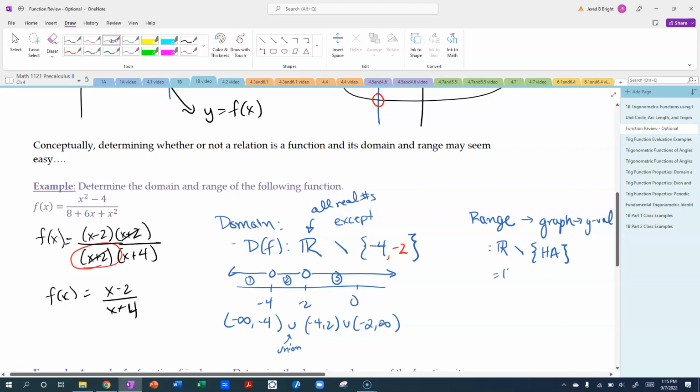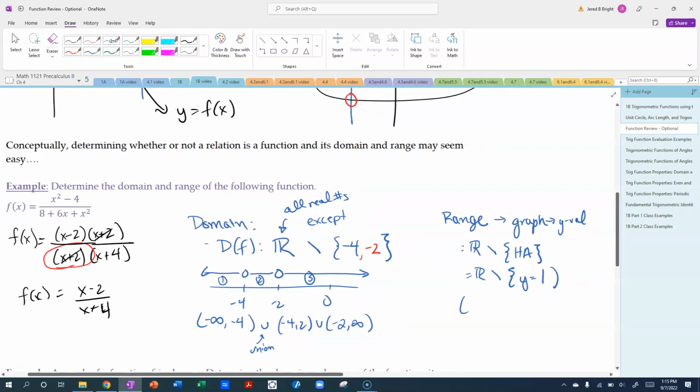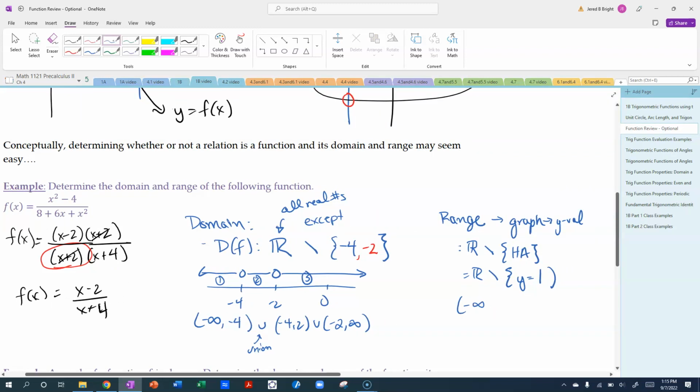So the horizontal asymptote is going to be at y equal to 1. And again, if you wanted to put this in interval notation, this would be all real numbers except for 1: negative infinity to 1, union 1 to infinity, and that would be our range.